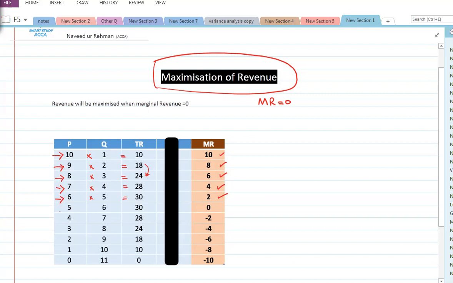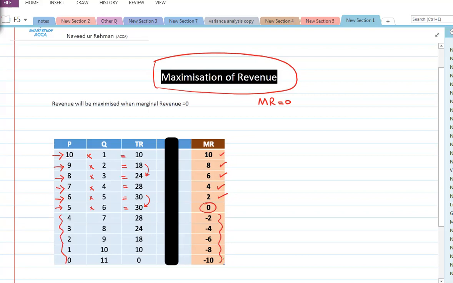And if the price is 5, now the marginal revenue is 0. Can you see? When the price was 6, it was 30. When the price is 5, it's still 30, so no additional revenue. If you further reduce the price, the marginal revenue will be negative.